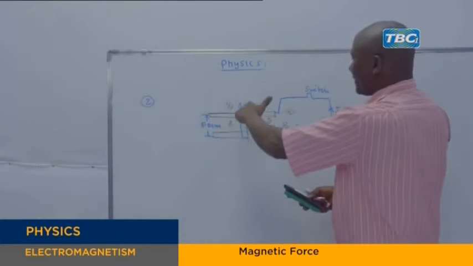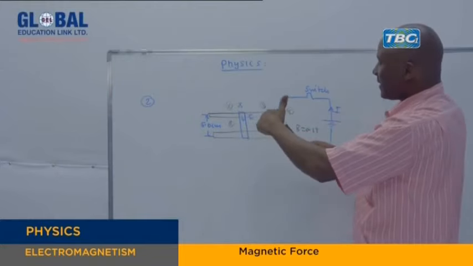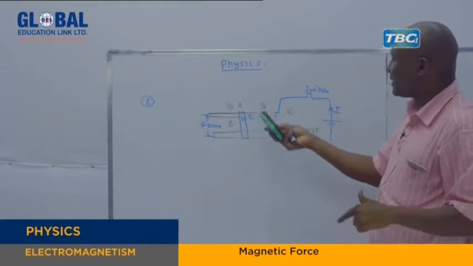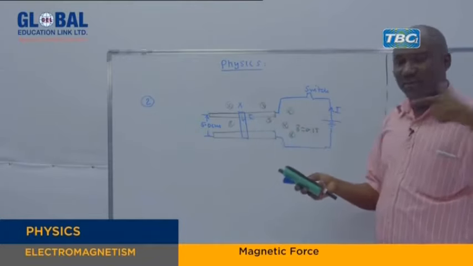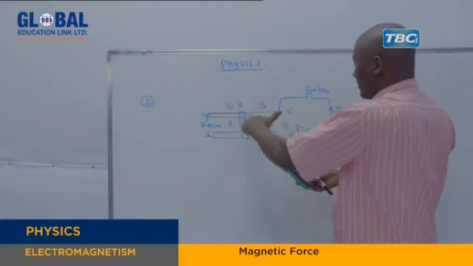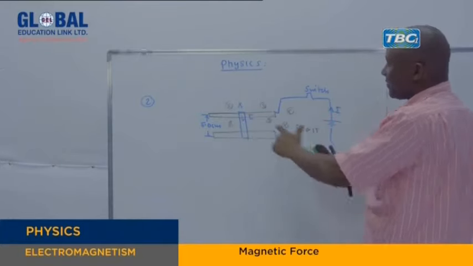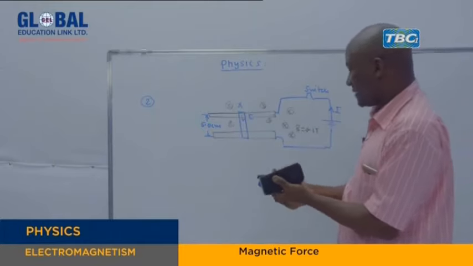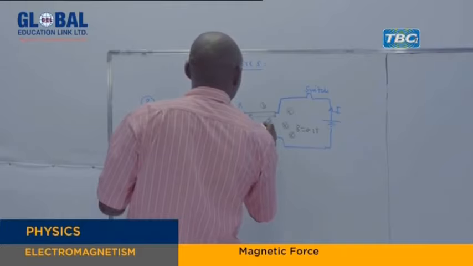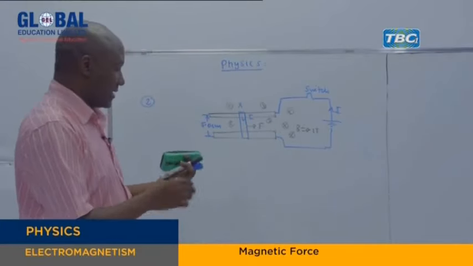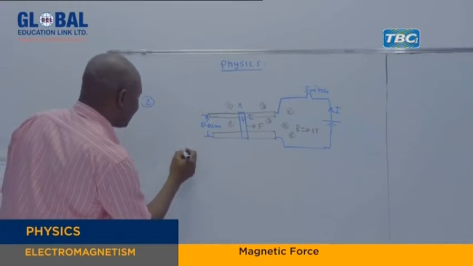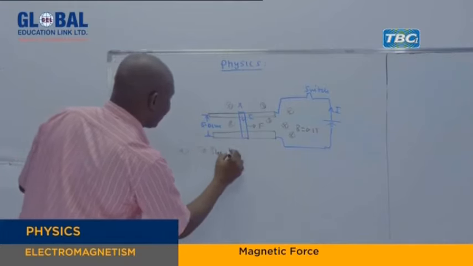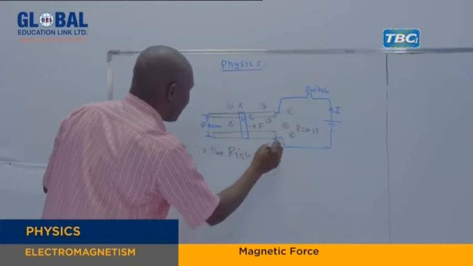The second finger is the current, and the first finger will be pointing to the magnetic field, which is given as 0.1, pointing into the plane like that. You can see the thumb is pointing to the direction in which the force will act. So here, our force will be acting to the right. So part A, the force will be acting to the right, as shown in this diagram.